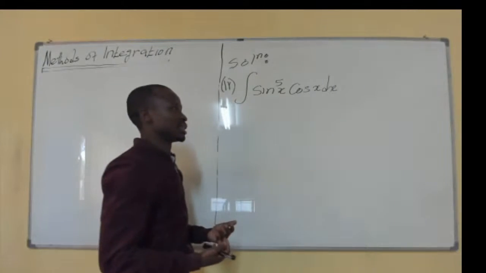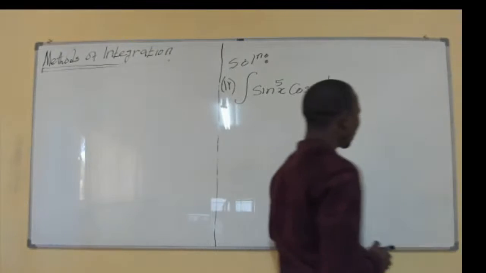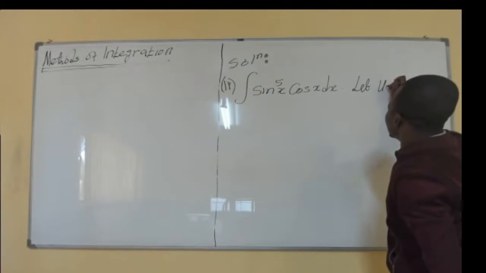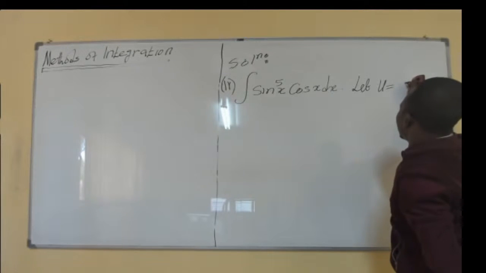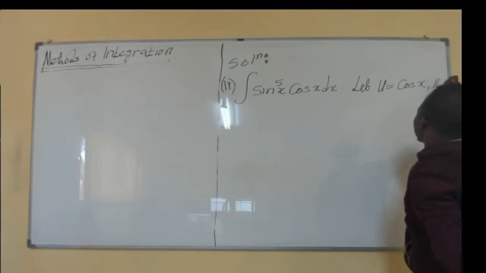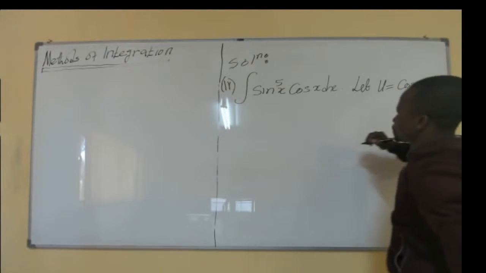Okay, now let's start with this situation. If we let our u equal to the cosine of x, then what will happen?